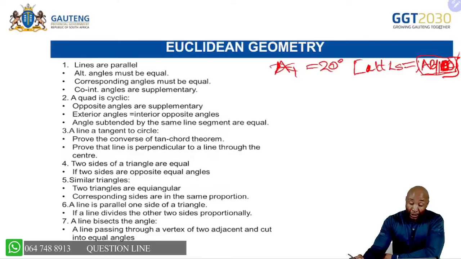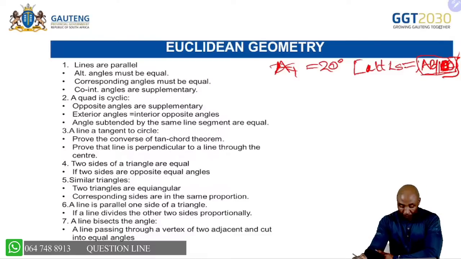Now, we have our proportionality theorem. A line drawn parallel to one side of a triangle divides the other two sides equally or in proportion. If it is the midpoint theorem, we take it a step further: a line drawn from the midpoint of one side of a triangle to the midpoint of the other side will be parallel to the third side, and its length will be half the length of the third side.